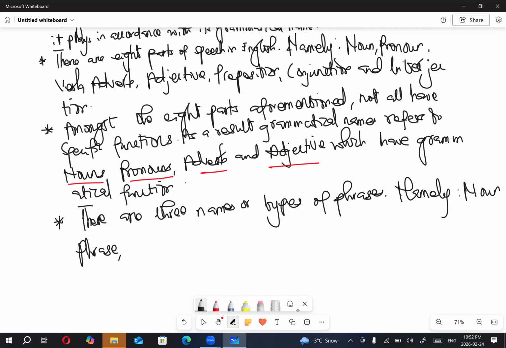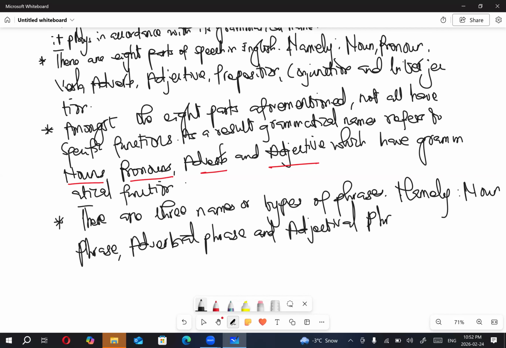Skip for pronouns. So the next is adverbial phrase. Then the next will be what? Adjectival phrase. So you see, it's quite easier. We use the same four parts of speech. We have grammatical functions to make up the phrases.